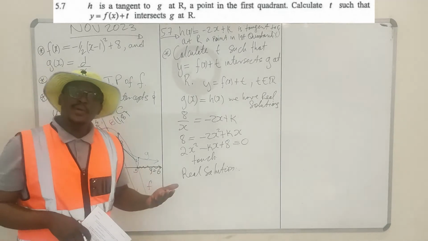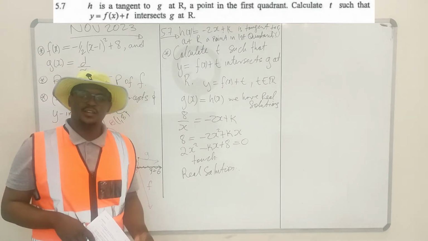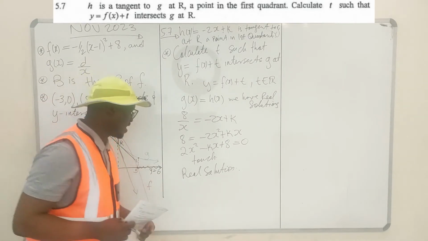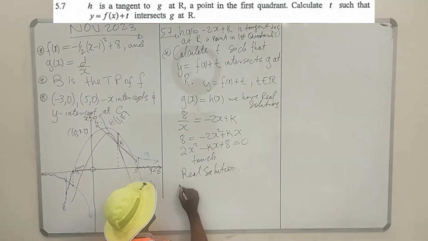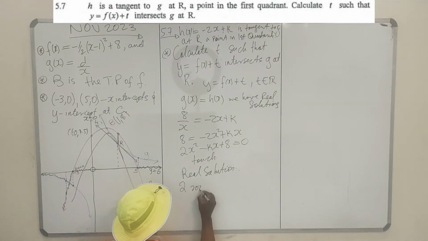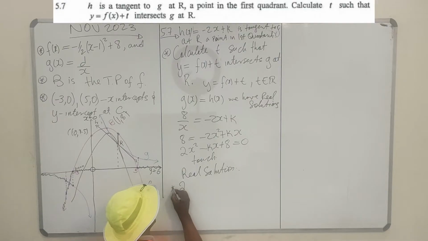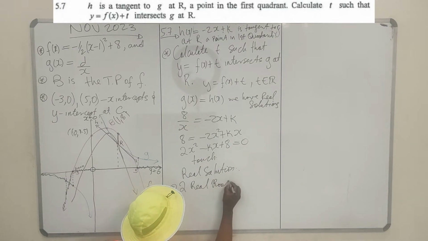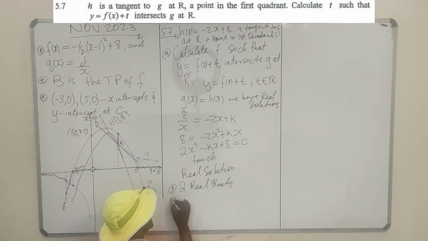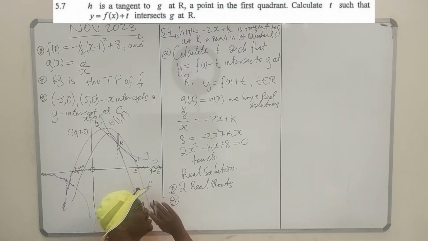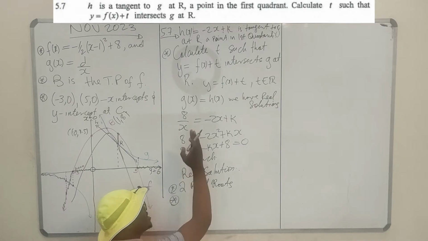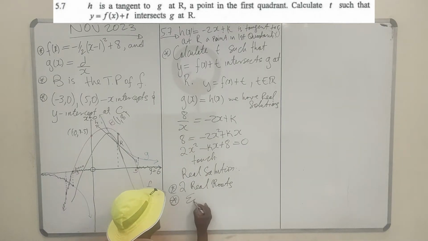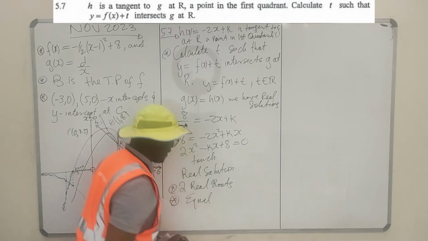So, how many times are these two graphs meeting? They're meeting twice, right? So you have two real roots. And since these two are just touching, these roots will be equal.